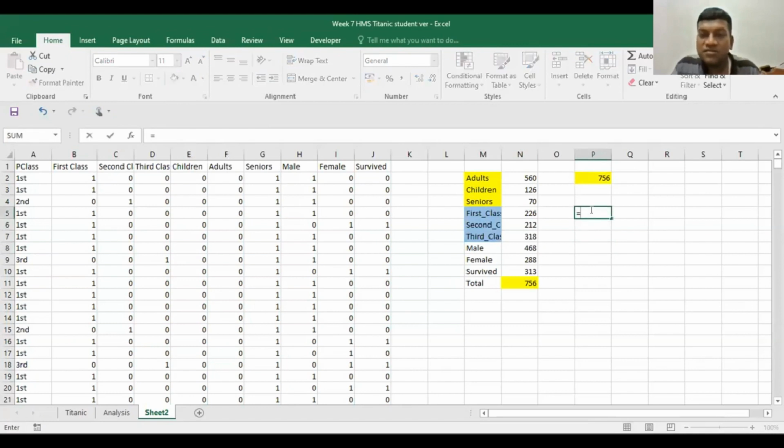Sum these three. 756. Okay. And then the male, female should also add up to that number.